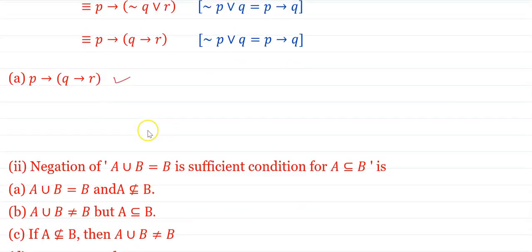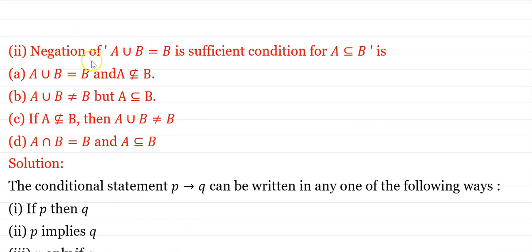Now the next example: negation of 'A union B is equal to B is a sufficient condition for A is a subset of B'. Which of the options is the correct one?